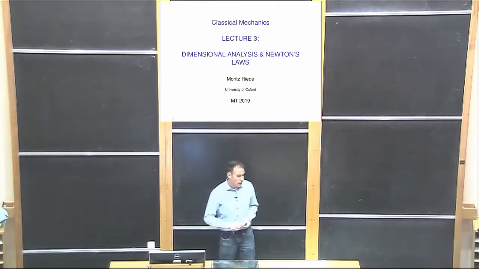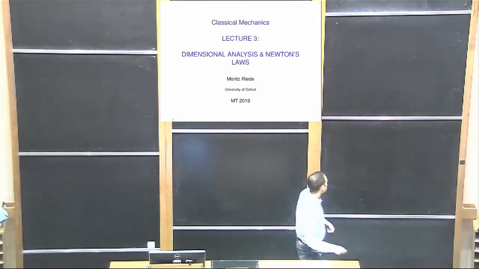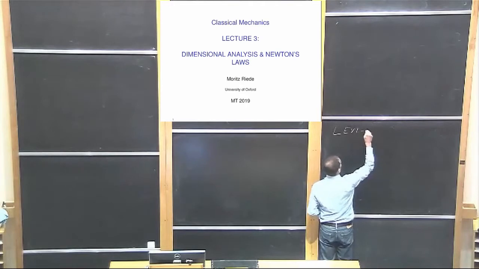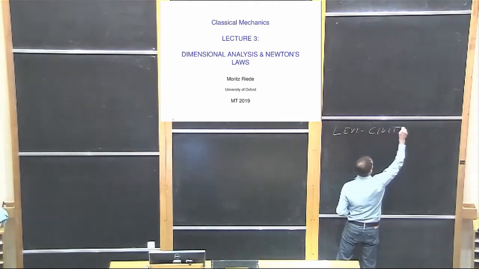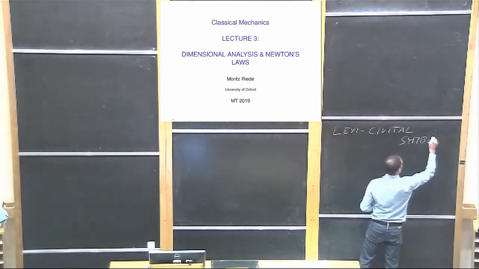Today we're going to talk a little bit about dimensional analysis and Newton's laws. But before I start, I would like to quickly revisit the Levi-Civita symbol, or at least write down the name, because a couple of people asked me about the Levi-Civita symbol from last lecture.